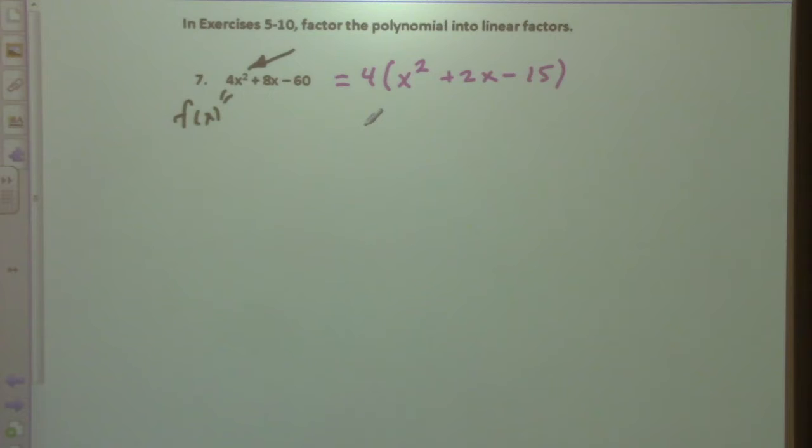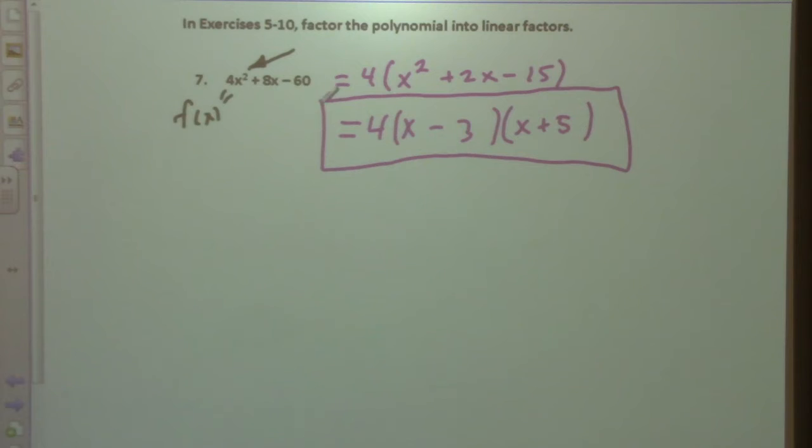Karina talking behind the mask. And so what do we have for this one? x minus 3 and x plus 5. So she says quantity x minus 3 and x plus 5. So that's minus 3x plus 5x. Does that look good? Yeah, it looks real good. Okay? Good work, Karina.